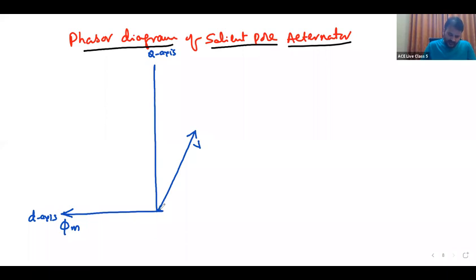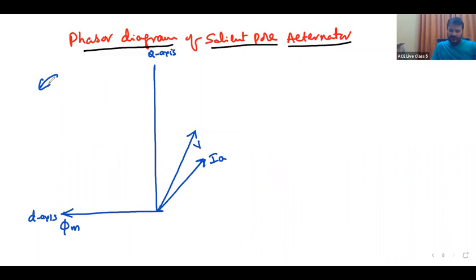And this is the current IA, drawn for lagging power factor. The vertical line is E. V lags, and phasors rotate in the counterclockwise direction. Therefore V lags, and IA lags for lagging power factor.